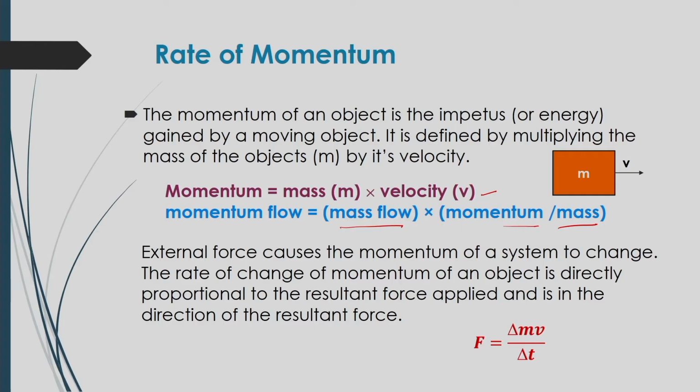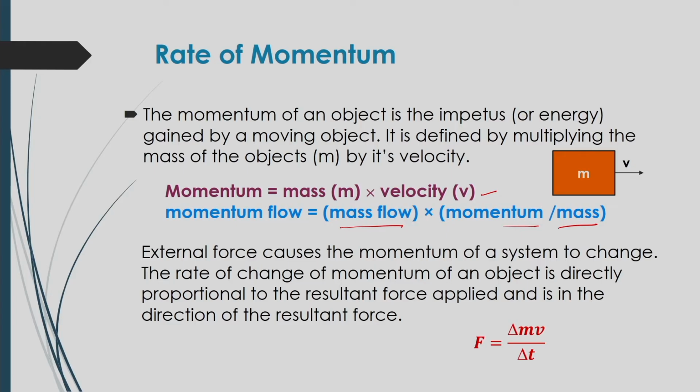Now, an external force generally causes the momentum of a system to change. The rate of change of momentum of an object is directly proportional to the resultant force that is applied, and is in the direction of the resultant force at which it is applied.